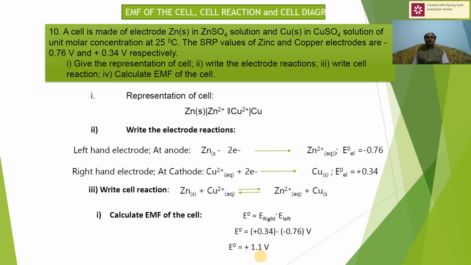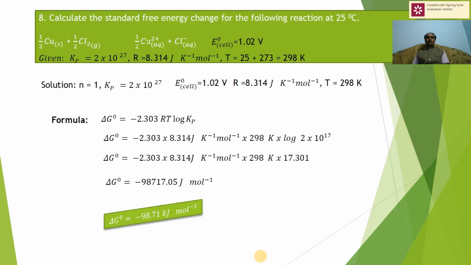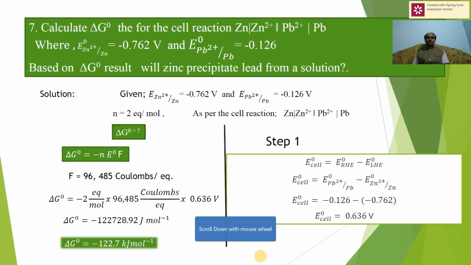Students, these are the 10 problems I have discussed. One thing I forgot to explain is in the 7th problem. I did not answer this question: will zinc precipitate lead from a solution?